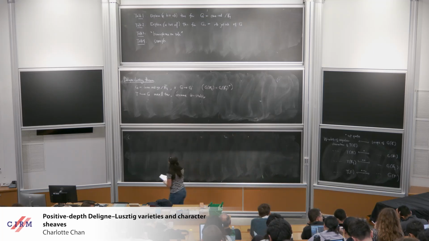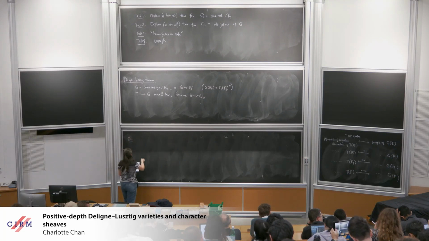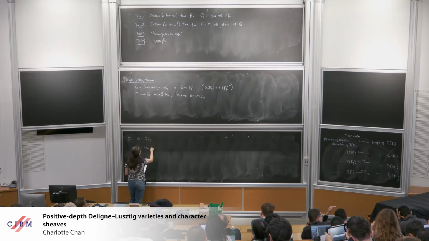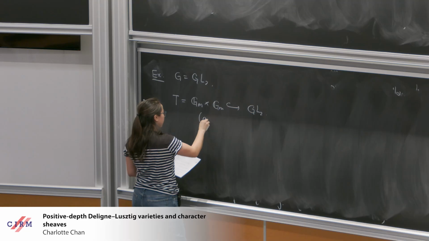Okay, so for GL2, one thing I can take is T to be G_m times G_m, shoved inside GL2 as the diagonals.